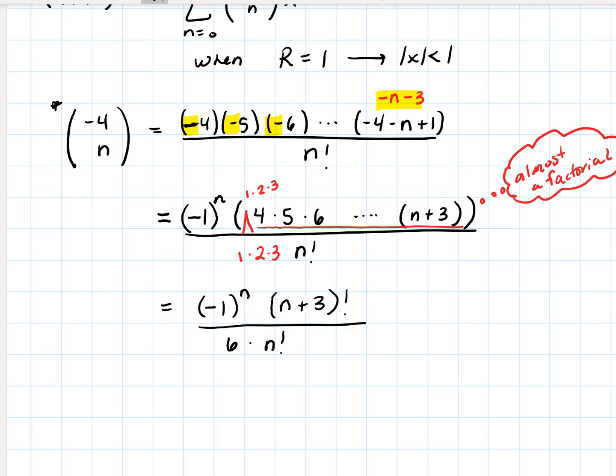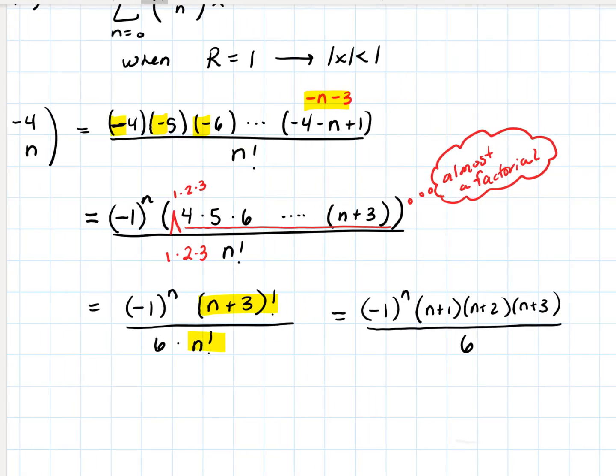But now these two factorials are going to reduce, and we're going to have just the 3 factors in the numerator left. And so this reduces down to -1 to the nth, and then I'm going to have n plus 1, n plus 2, and n plus 3 in the numerator, because the rest of the numerator has canceled with the n factorial, and all that's left in the denominator is 6.